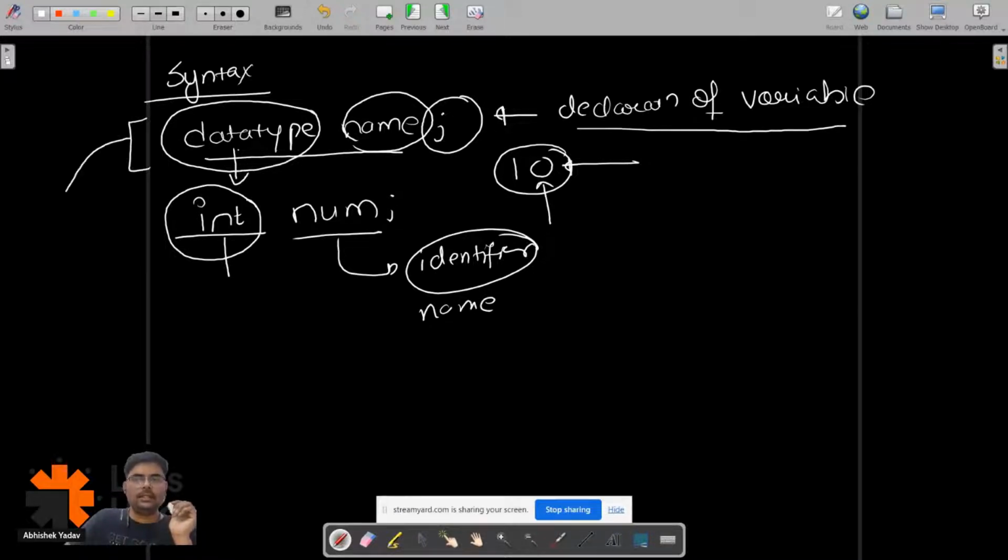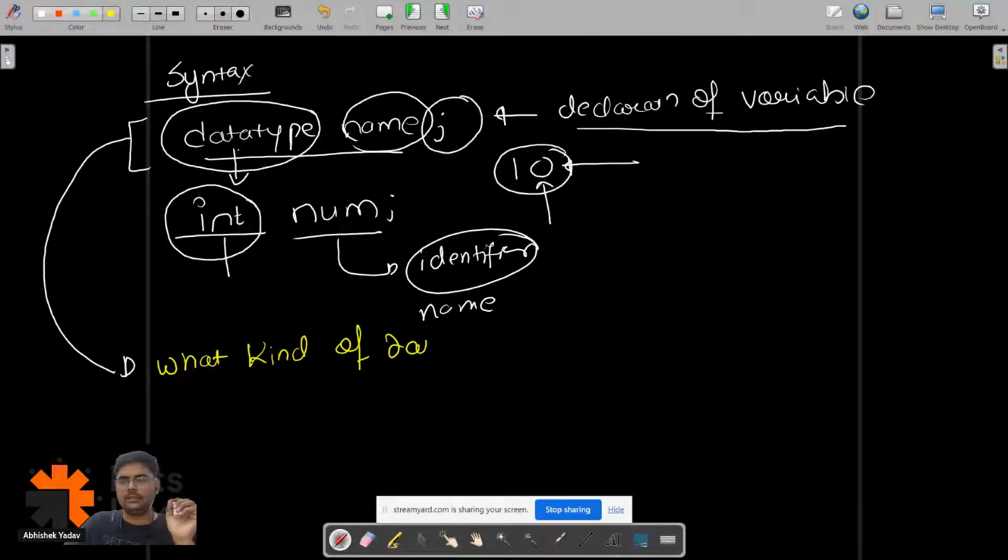So here this data type is providing us a lot of information. Can you guys write in the chat what all information this data type is providing us? The first information this data type provides is what kind of data the memory will contain.